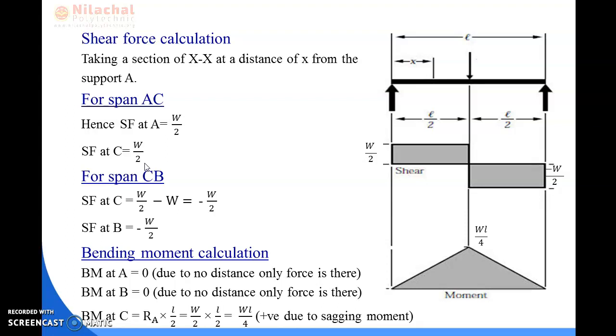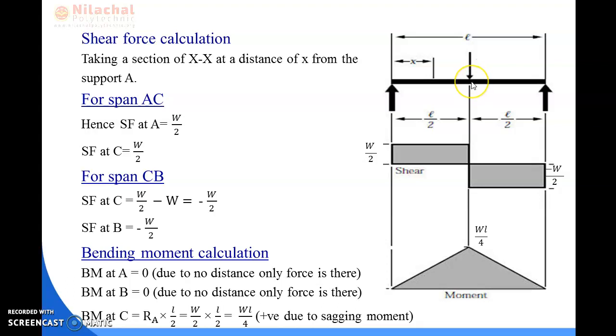So now comes the next half of the span, that is span BC or span CB. Here, first of all, we need to calculate the shear force at point C. You know that at point C there will be a point load. So from the span AC, the shear force we got at point C, we put here and then deduct the value of the point load from this.